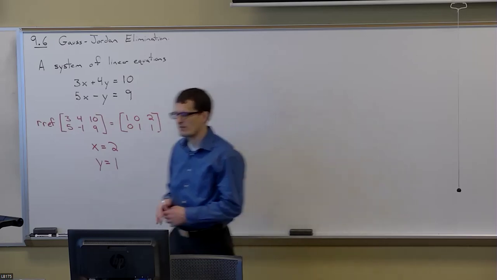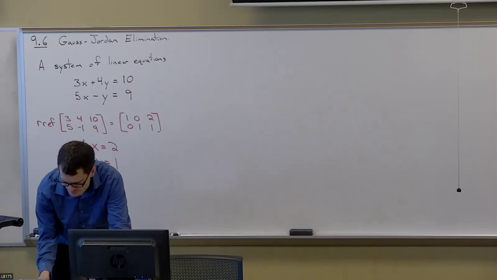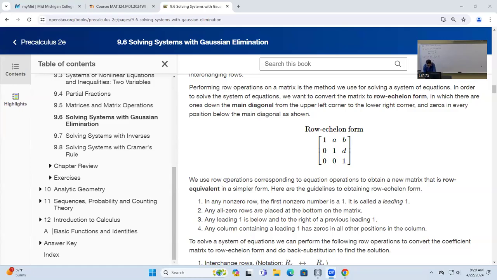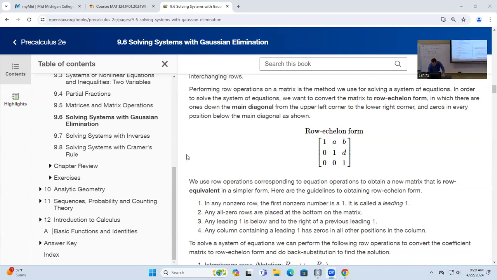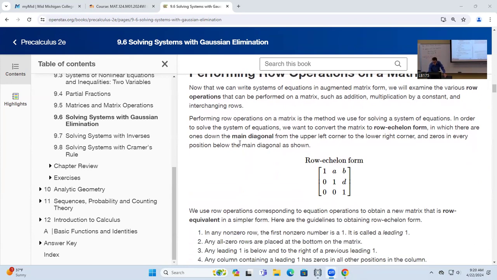And so there's this process that's described in the book, that talks about performing row operations on a matrix. That's what we're doing. You want the main diagonal to be ones.